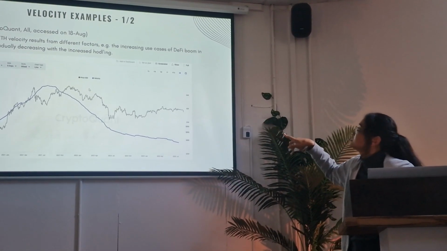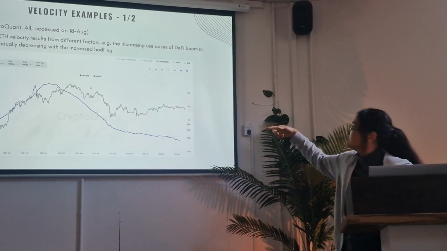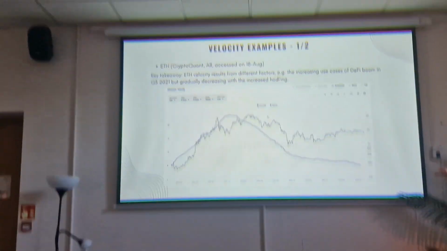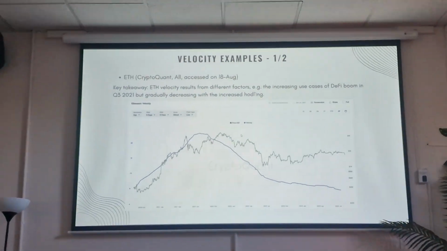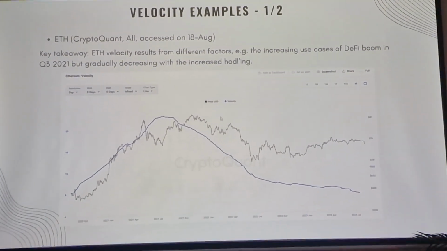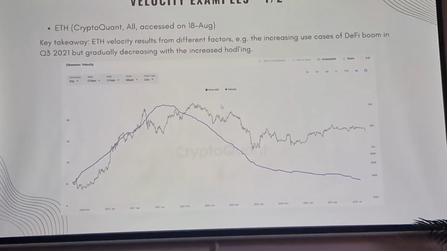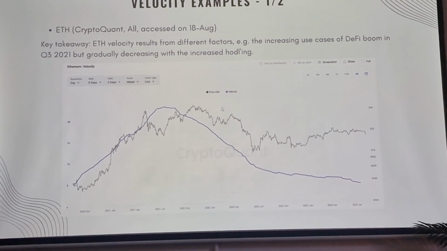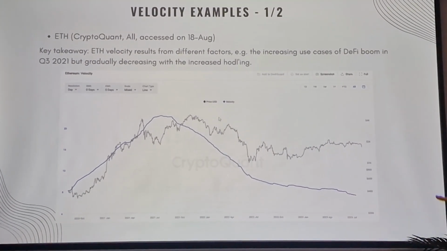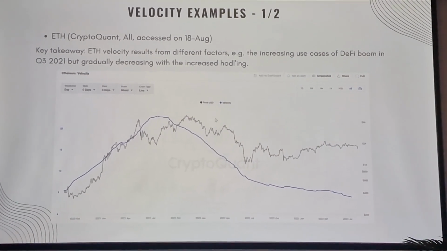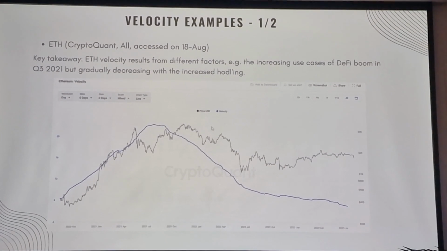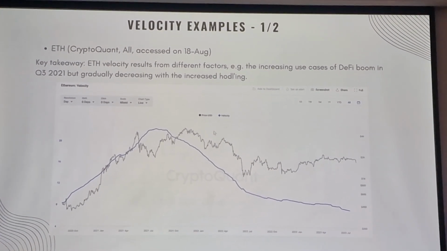So the hypothesis was that in Q3 of 2021, DeFi faced the booming of the dApps, and of course Ethereum was the currency to be used for building the dApps. That's why the velocity was higher back then, and then gradually decreasing because of the increased hodling. Of course, maybe further analysis proves otherwise, like maybe there are other causes.